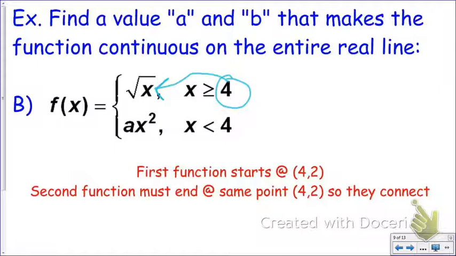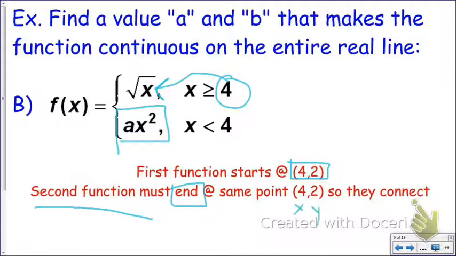So that means our first function starts at the ordered pair 4, 2. Therefore, our second function, the ax squared, must end at that same ordered pair 4, 2, so that they connect. 4 represents the x value, and 2 represents the y value.